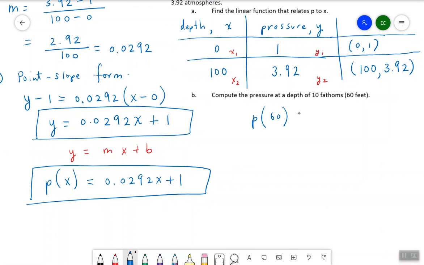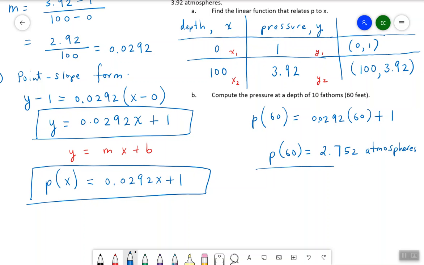The pressure at 60 feet would be 0.0292 times 60 plus 1. And so P of 60 is going to come out to be 2.752. And be sure to use the units atmospheres.